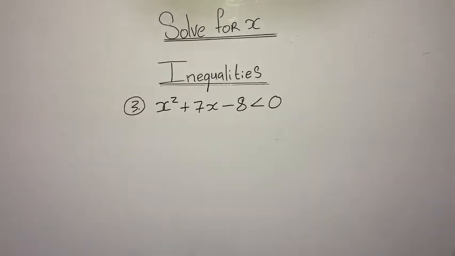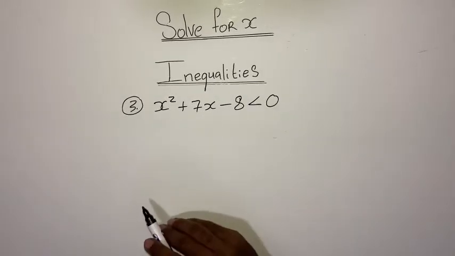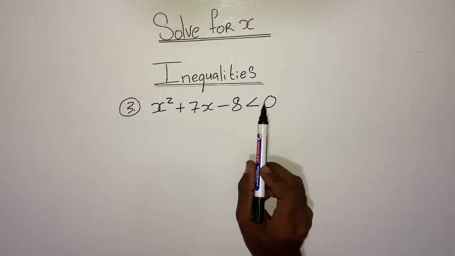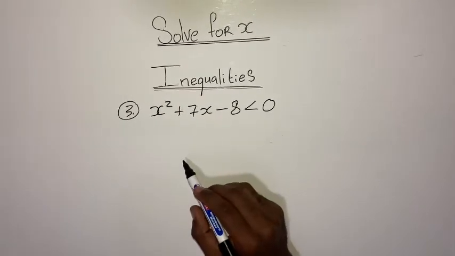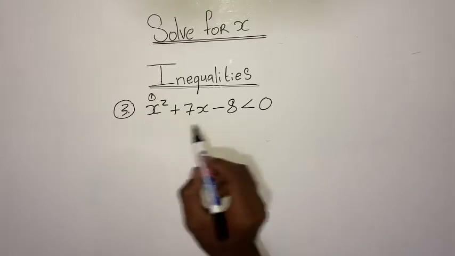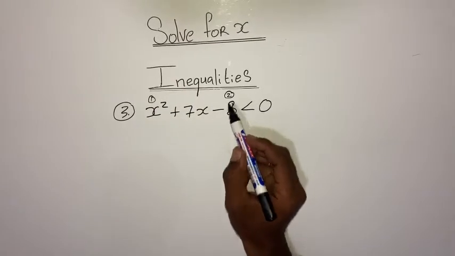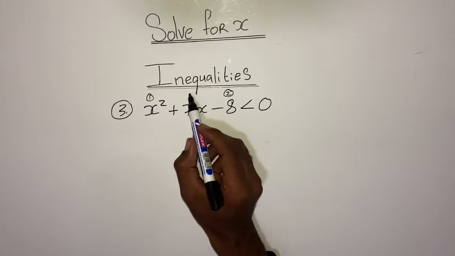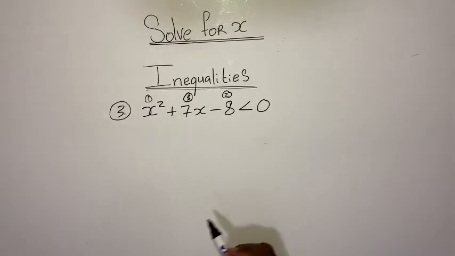X squared plus 7x minus 8 being less than 0. Then we go on to focus firstly on x squared. Secondly, it's a constant. Then lastly, it's our middle term.